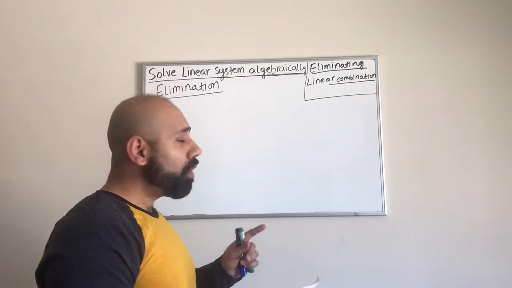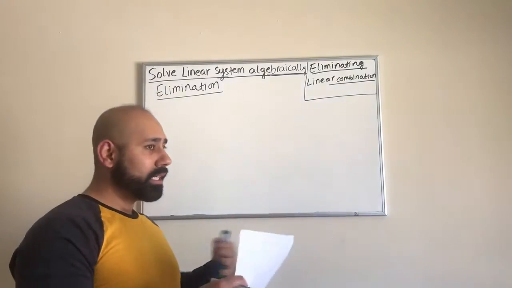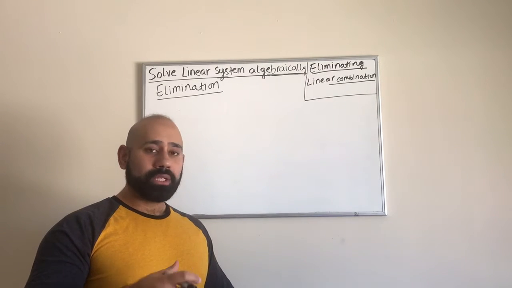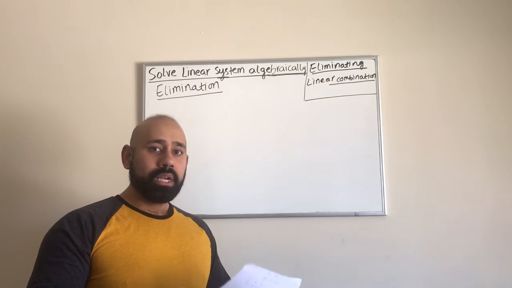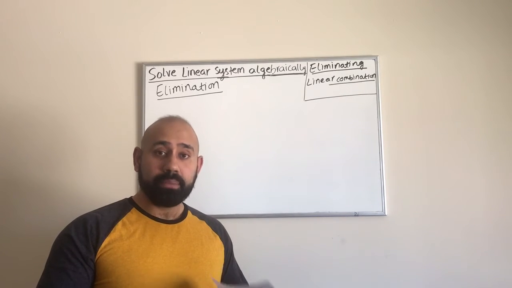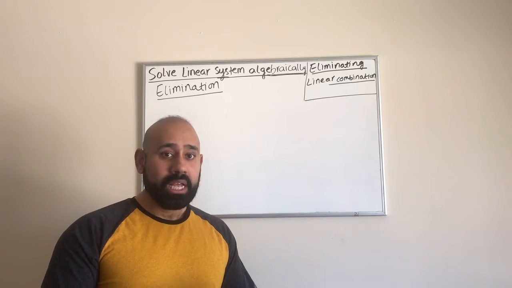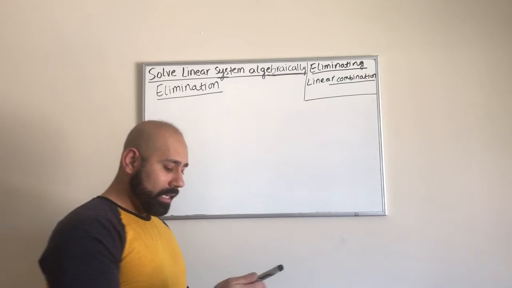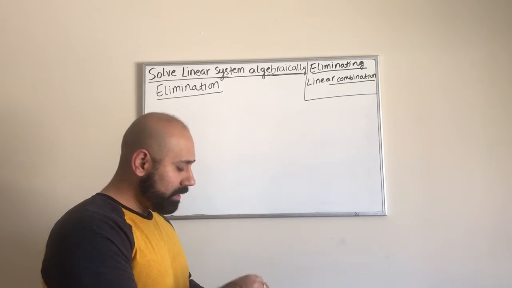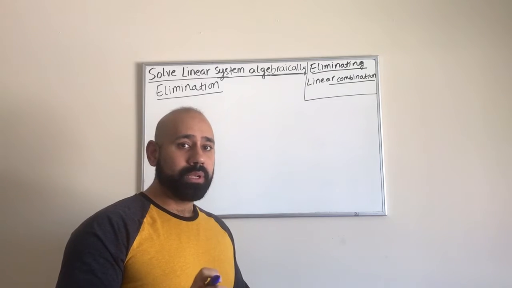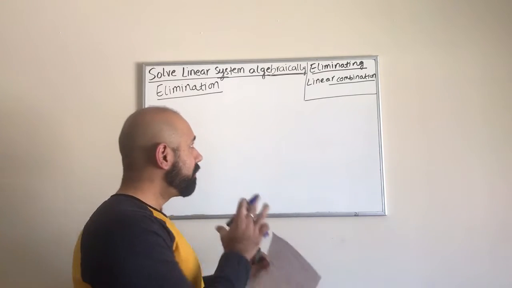The other thing that I want you guys to keep in mind with this linear combination and elimination process is that in order to actually solve for a particular variable, we may have to use some very basic mathematical operations. And the 4 basic mathematical operations that we all know are, and let us all remind ourselves about those 4 mathematical operations, because those 4 operations are going to be very important for this method.